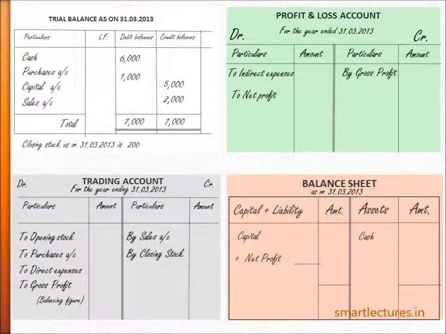I have given you the format that there is always gross profit. Sometimes there is gross loss. But in my question, just to make it simple, I have not created any gross loss. But when we start the final accounts in detail at advanced level, then I will teach you the whole thing. You know, gross profit on the debit side is always a balancing figure.